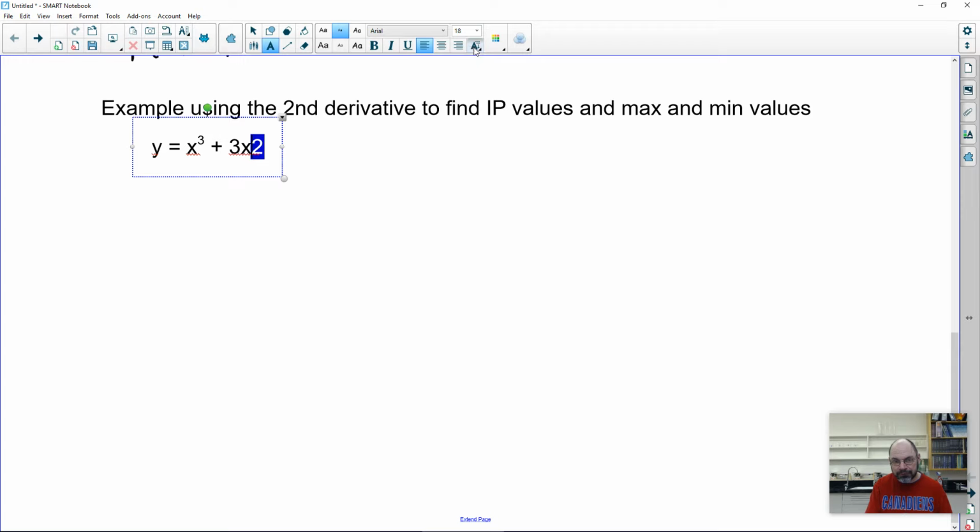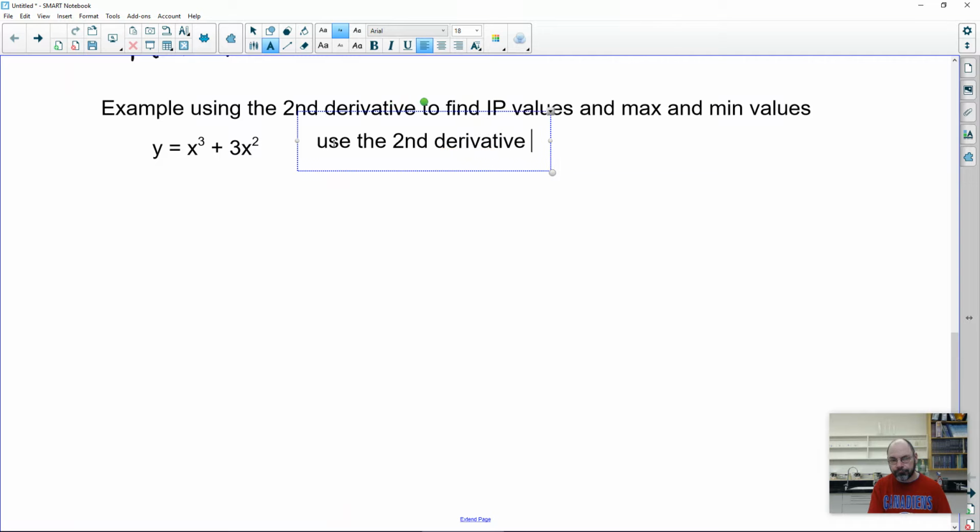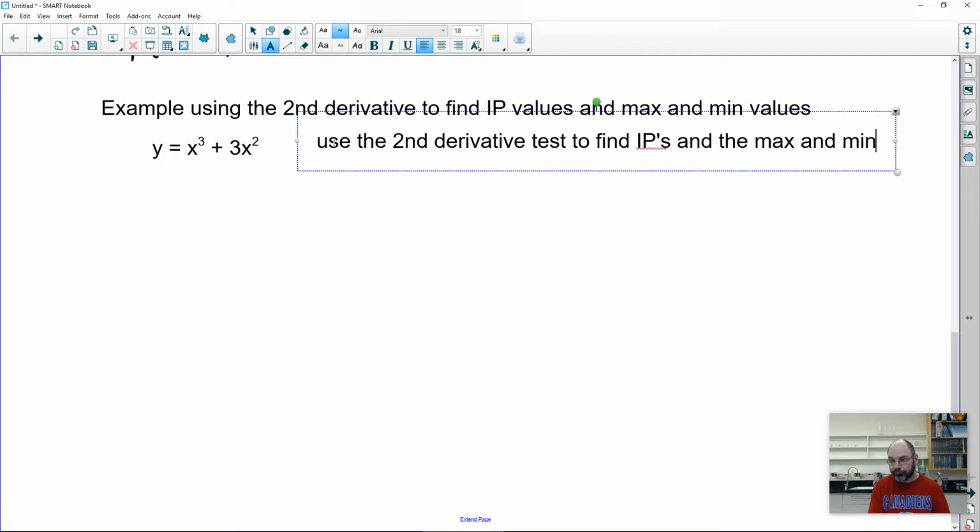And the question is, use the second derivative test to find IPs and the max and min. Okay, so that's just what we're going to do.